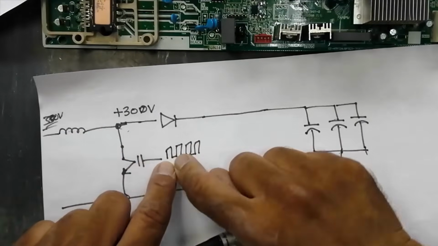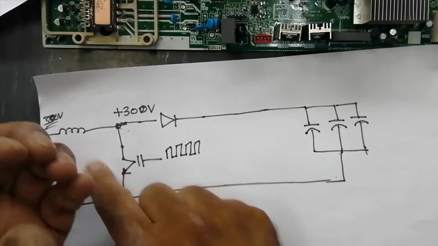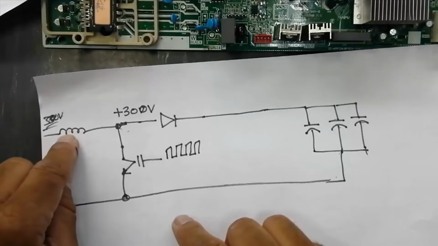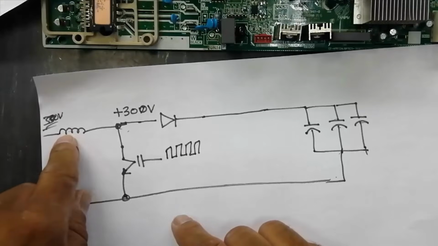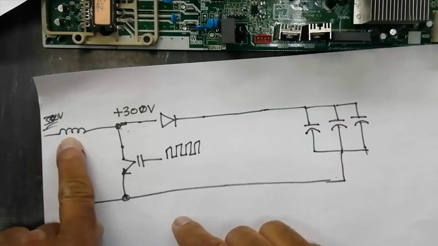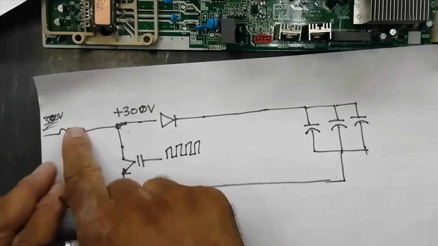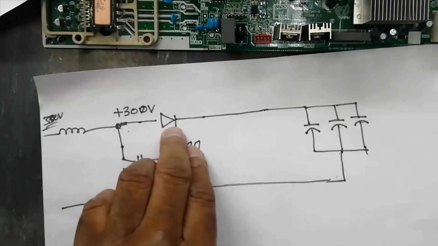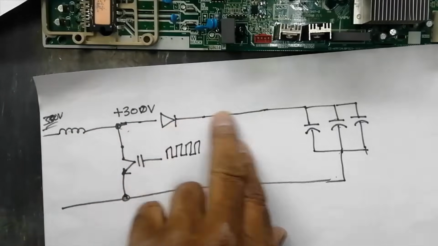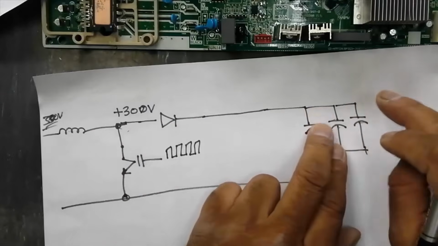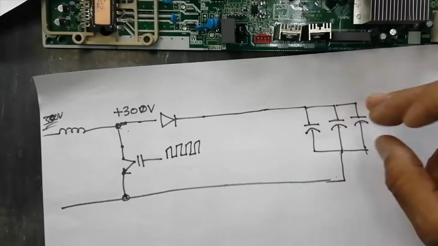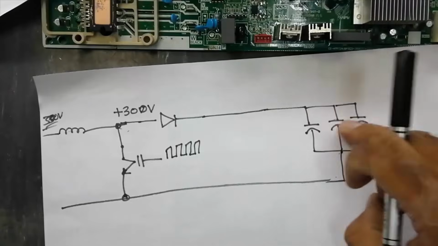When the pulse is off, this magnetic field will induce voltage, counter EMF, reverse EMF in this reactor. So this reactor will boost the voltage level, those pulses will be rectified, and we will take a maintained or regulated voltage level at these capacitors.